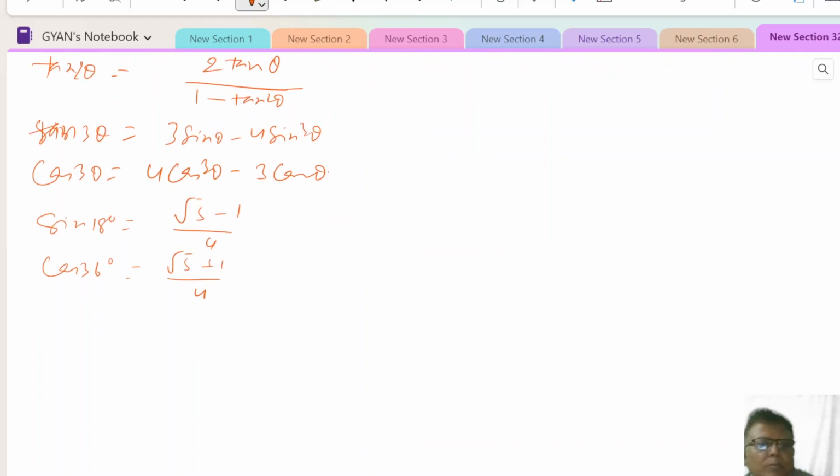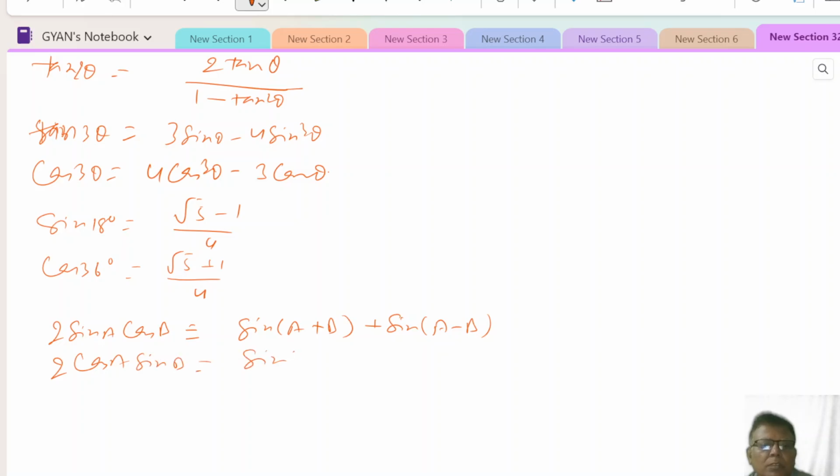So now we'll come to the 2 sin A cos B formulas. 2 sin A into cos B is equal to sin (A plus B) plus sin (A minus B), and 2 cos A into sin B is equal to sin (A plus B) minus sin (A minus B).